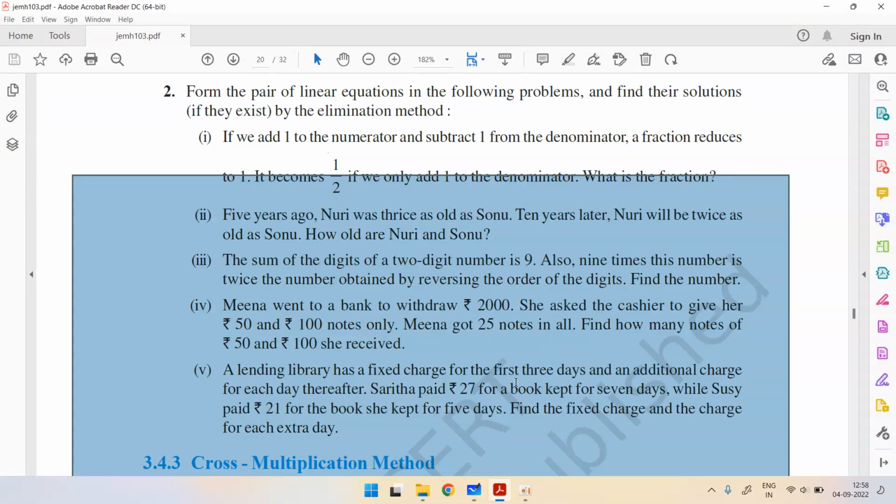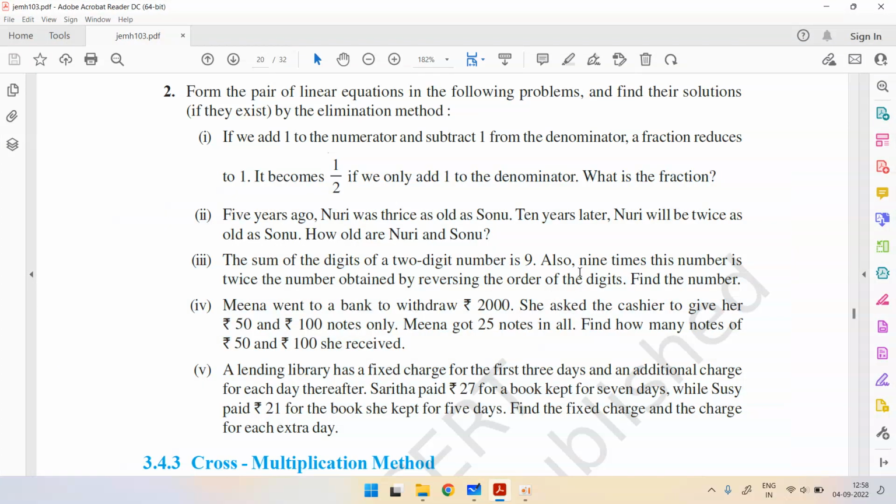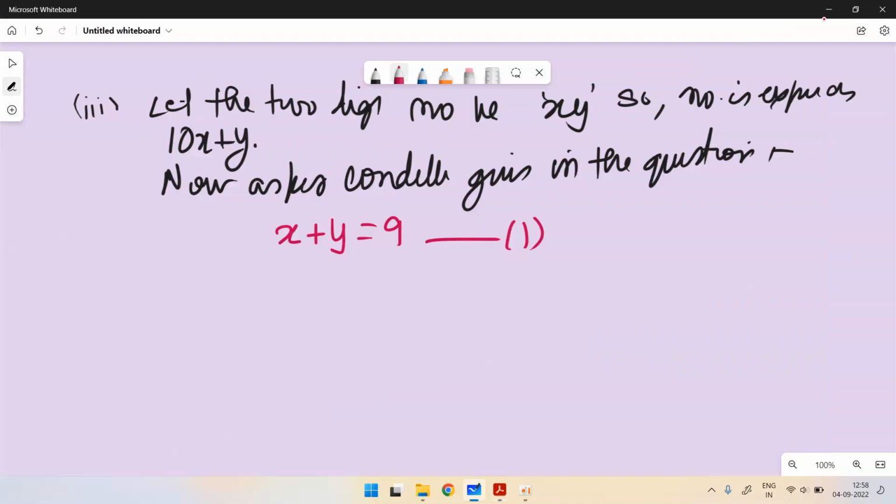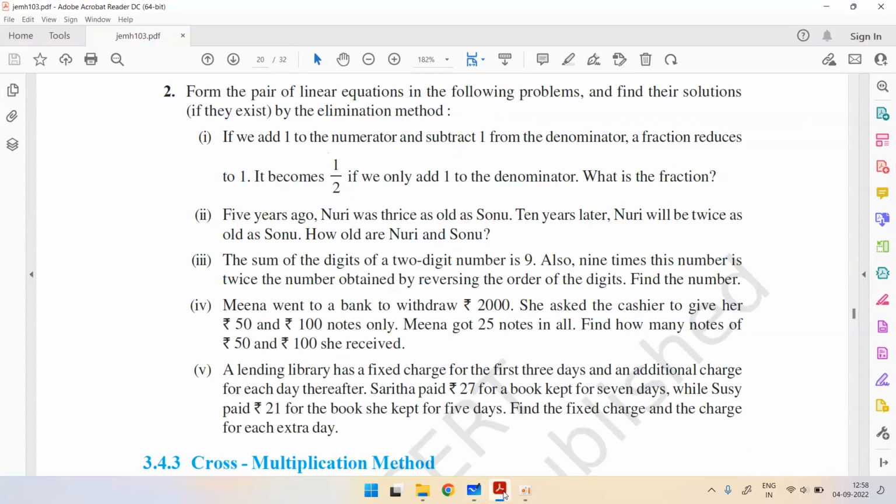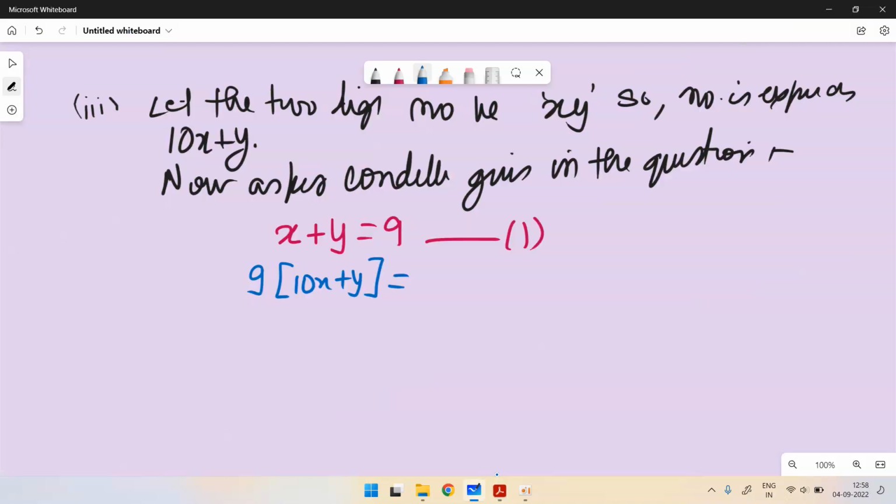Now the second condition is that 9 times this number is twice the number obtained by reversing the digits. So 9 times the number implies 9 times 10x plus y is equal to twice the number obtained by reversing digits.